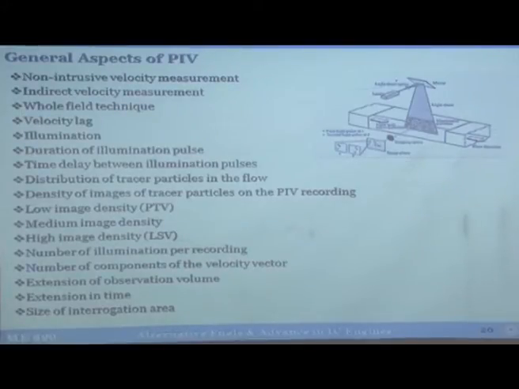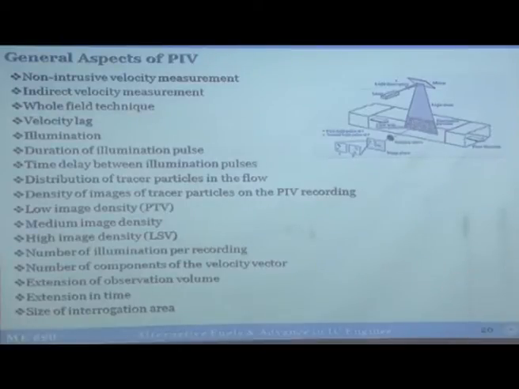Low image density means there are very small number of particles which you can even identify by eye. By naked eye, if you look at the recordings, you will be able to identify this is particle A, this is particle B, this is C, D. You can identify a very small number of particles. This is called particle tracking velocimetry. You can track the particle manually without the need of any specialized software.